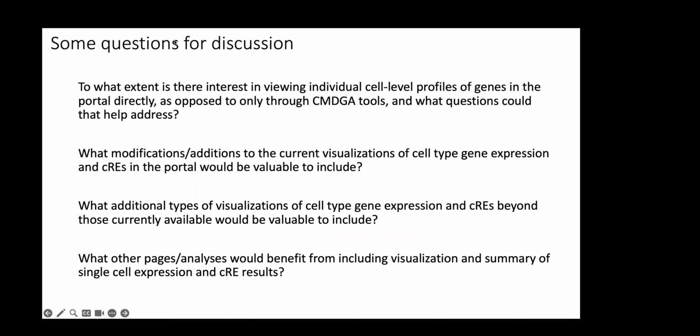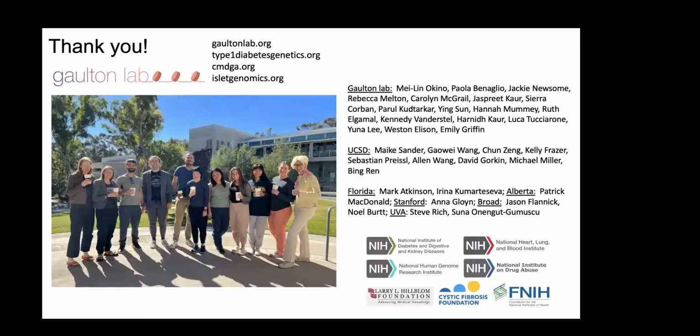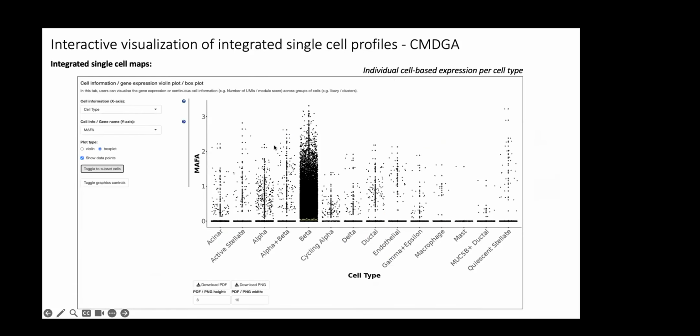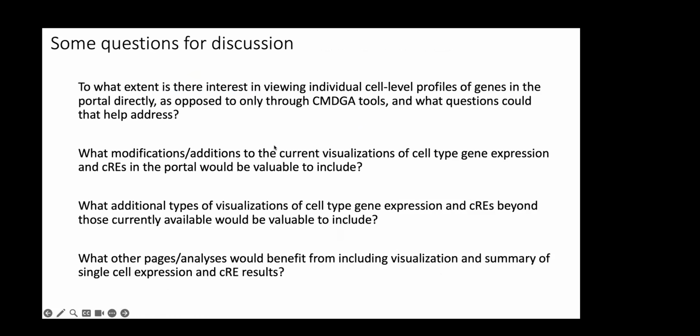Some questions that we're interested in getting thoughts on from people are, first of all, to what extent is there interest in viewing these individual cell profiles in the portal, in addition to looking at information aggregated per cell type? And then also, what questions would that help you address that can't be addressed now just by looking at aggregated cell type information?